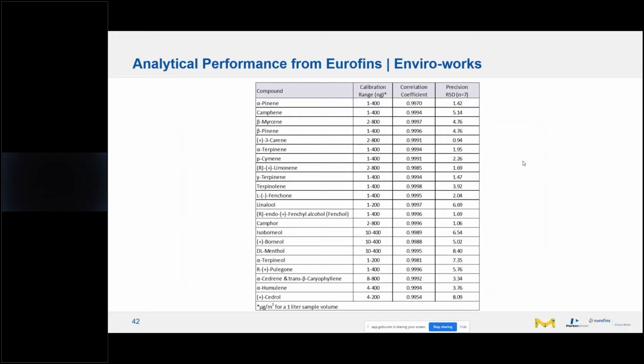And this is just their calibration range, which relates to essentially a part per billion concentration in a 1 liter volume sample. To give you a lot of times when we do our calibration curve, we do it in nanograms spiked on tube, and then depending on our sample volume, we could actually put the concentration in the curve or whichever way you want to deal with it.